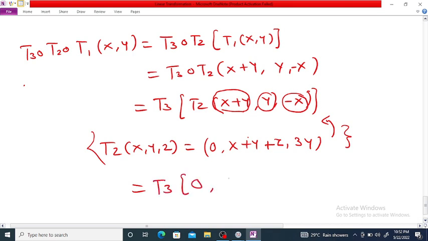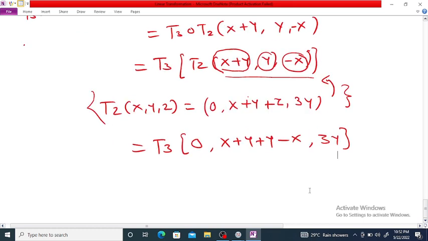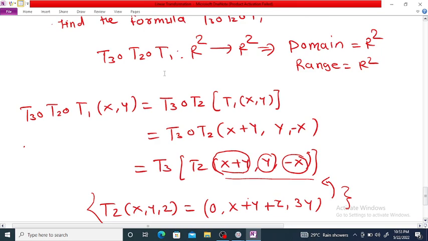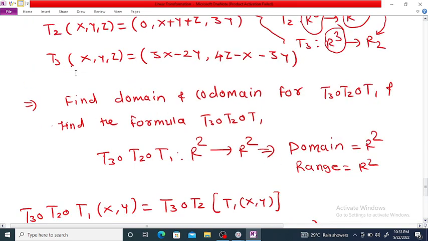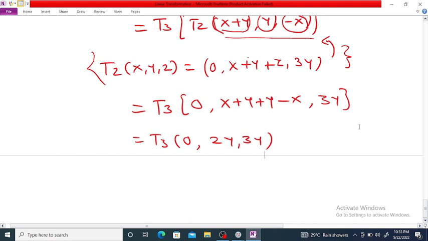First is 0, then add these three coordinates, so it is x plus y minus x, and thrice y. If you simplify this, it is equal to T3 of (0, y, thrice y). But what is the formula for T3? So the formula for T3 of (x, y, z) is thrice x minus twice y. I am writing here T3 of (x, y, z). I am going to use a different color here.